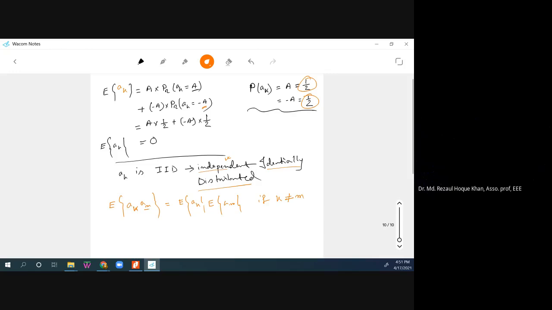Here the expected value of AK is 0, the expected value of AM will also be 0, so this total value will be 0.